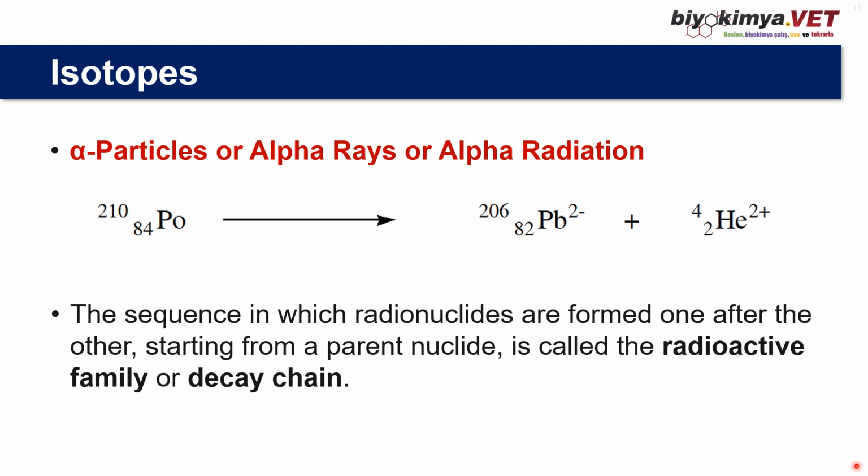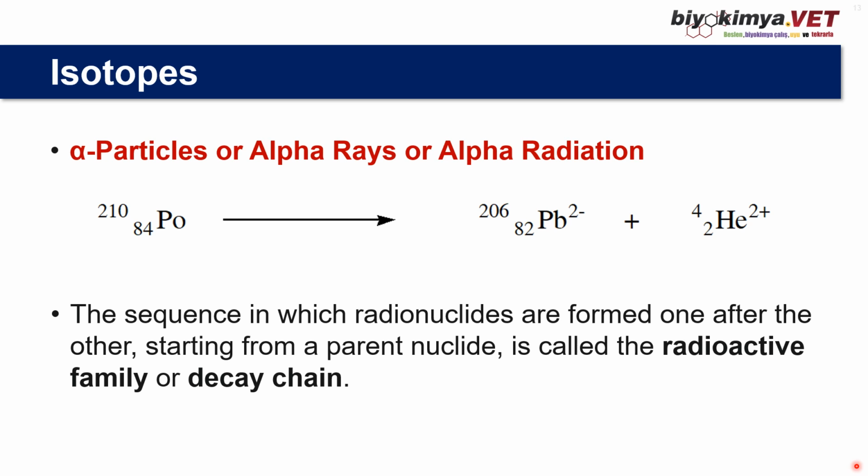The sequence in which radionuclides are formed one after the other, starting from a parent nuclide, is called the radioactive family or decay chain. The decay chain ends with a stable isotope of lead or bismuth. There are three types of natural decay sequences, and components of the decay sequence have different types of half-lives.